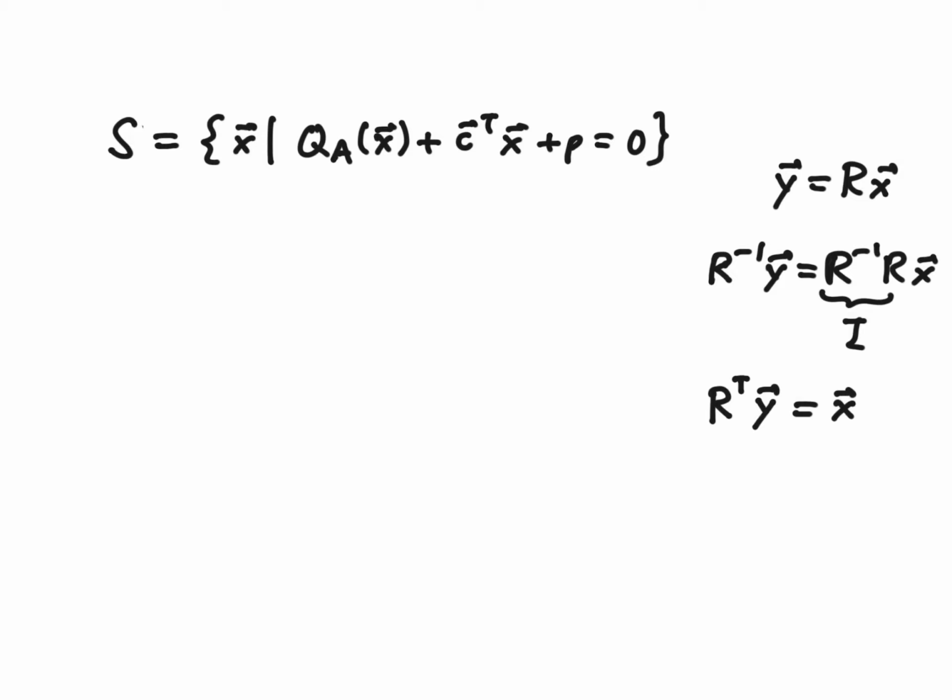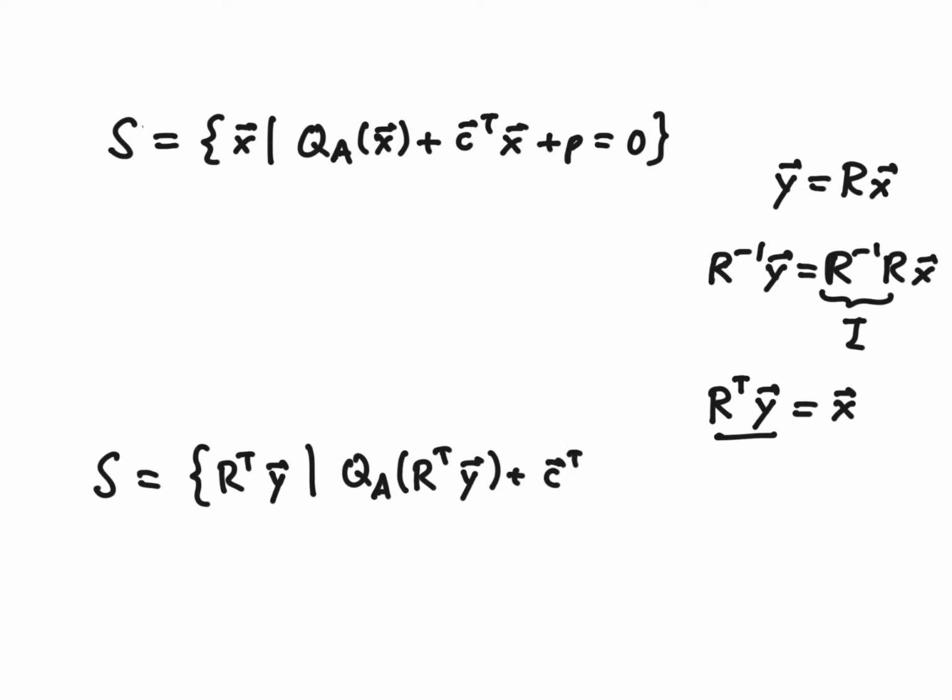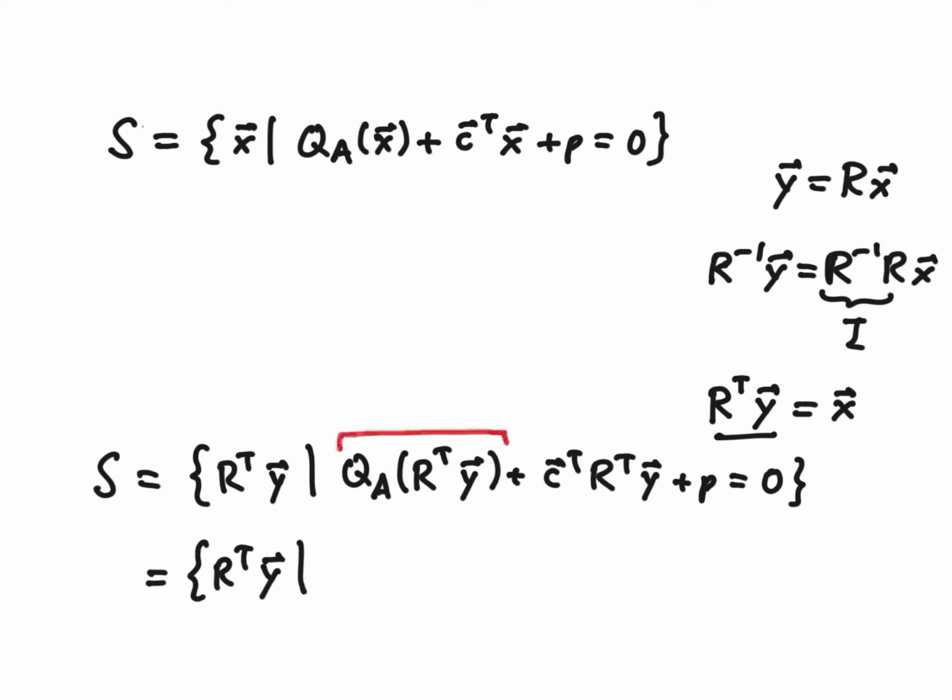Anyway, so we can replace all occurrences of X by this. Okay, so our set S becomes the following thing. It's like R transpose times Y, such that this equation is true. Okay, and then also let's realize that this term here can be simplified because Q sub A of anything is the same as Q sub D of R times that thing.